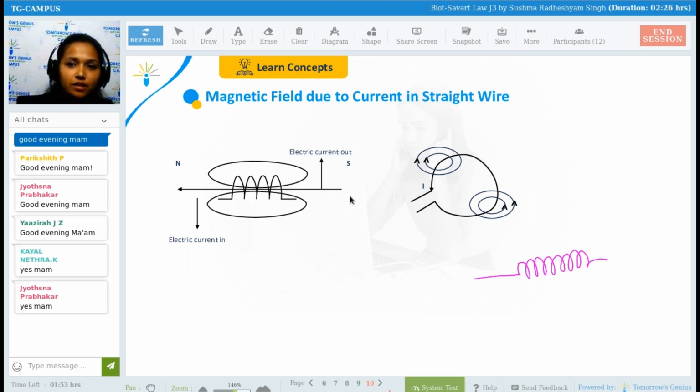Okay, no problem. You have seen this? What is this? What is this? And what is this? What is the first one? Just type. If you are not comfortable to unmute yourself, just type. It is also okay. What is the first one? The first one, the second one, and the third one.